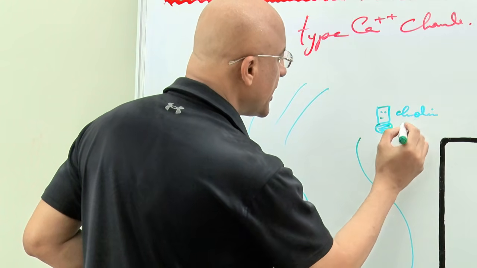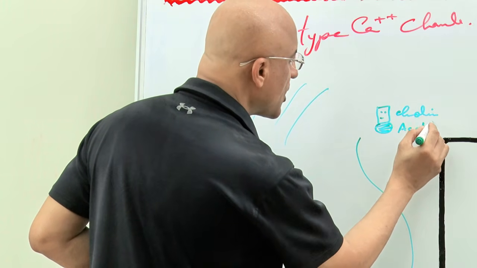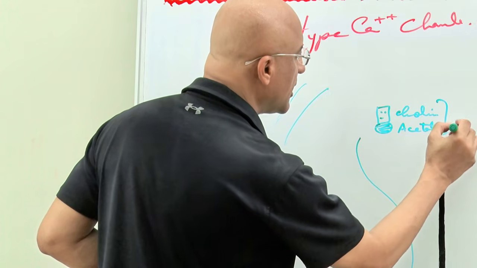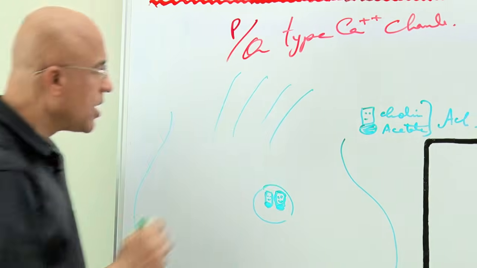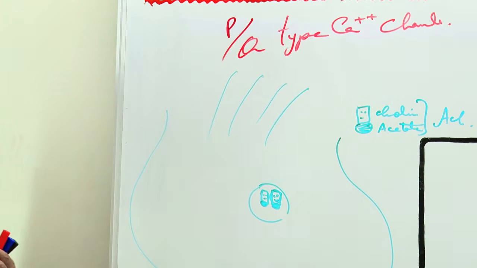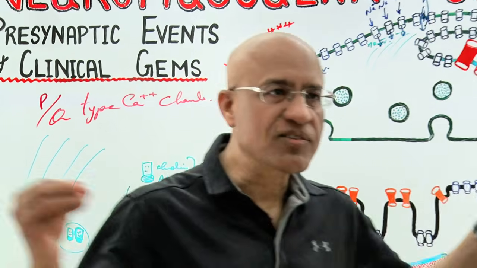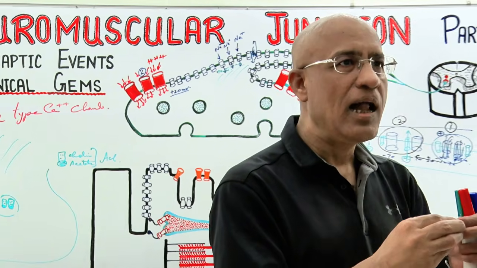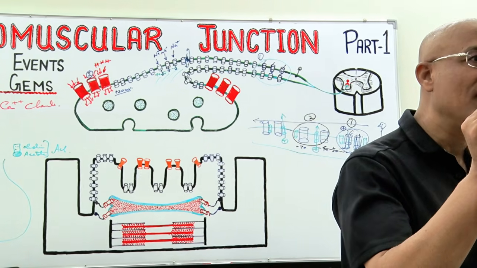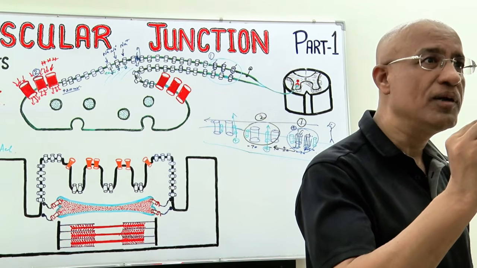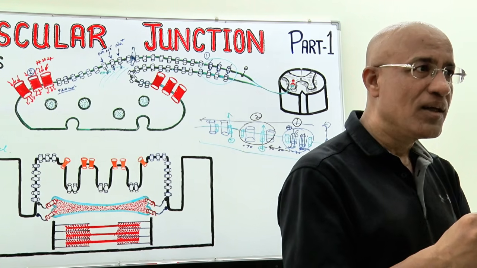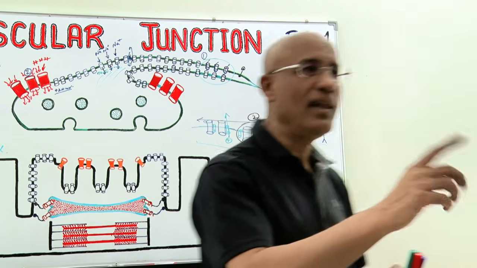Choline and acetate, both together are called acetylcholine. Now, where does choline come from, where does acetate come from, who makes them fuse together, and who concentrates this newly formed acetylcholine into the vesicle? Let's talk about it.